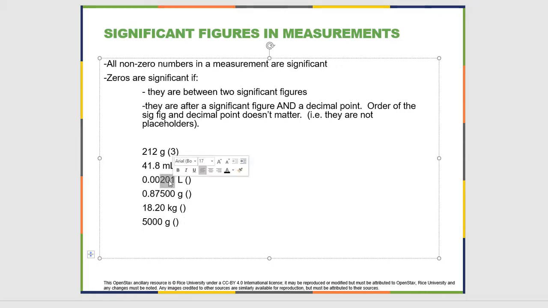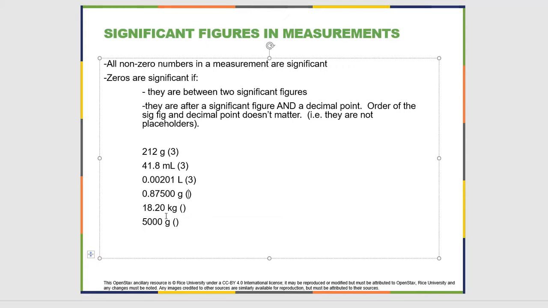This zero in the middle here is sandwiched between two significant figures, namely the 2 and the 1, so this zero is significant. These two zeros are not significant, they're just placeholders. They're not after a number and a decimal place. So this has three significant figures, the 2, 0, and the 1.